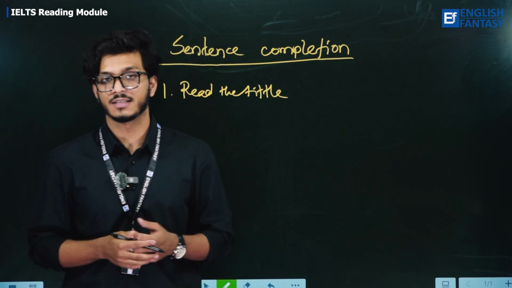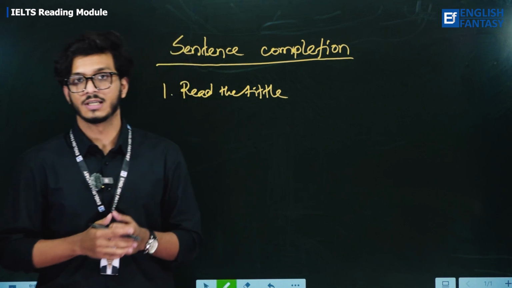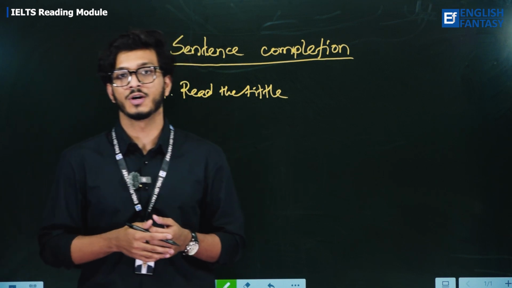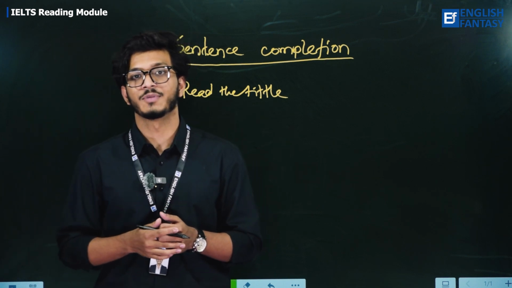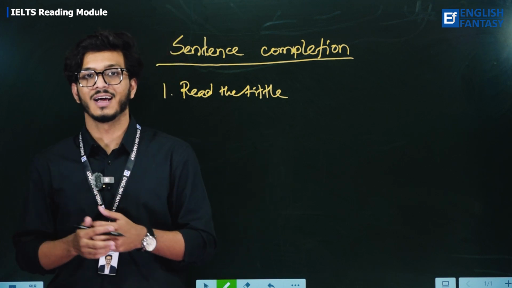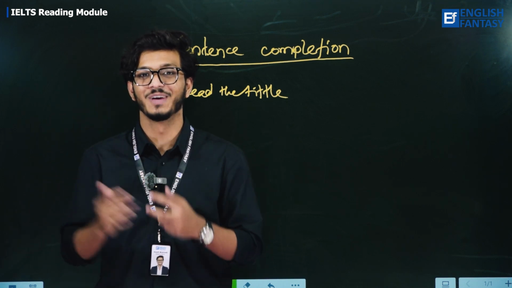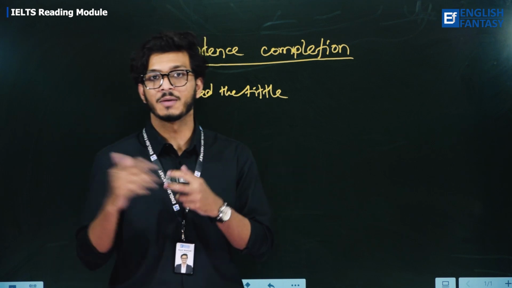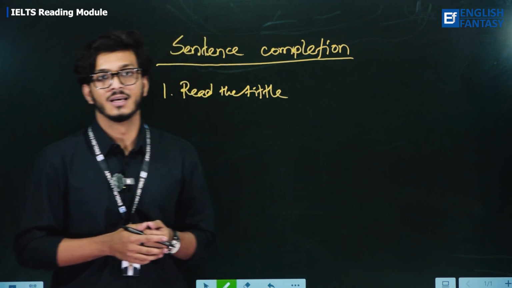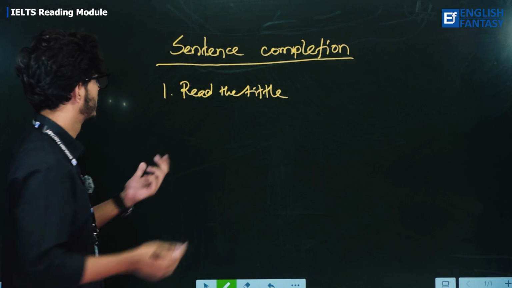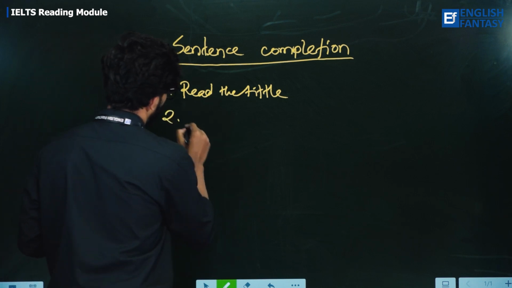It is very necessary for you to read the title. Some people don't actually read the title, and sometimes they find a keyword and it was in the title, so it should not be a keyword. Sometimes you guys make many mistakes, so I think that this is how you can actually solve it. Read the title and spend 2 minutes.